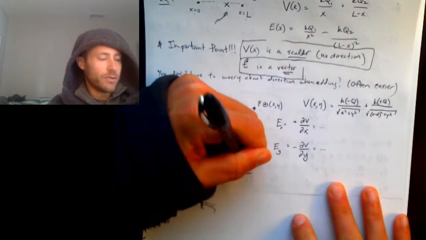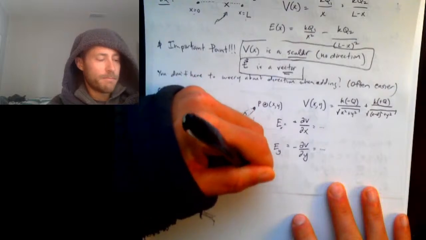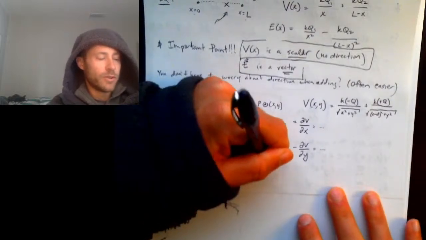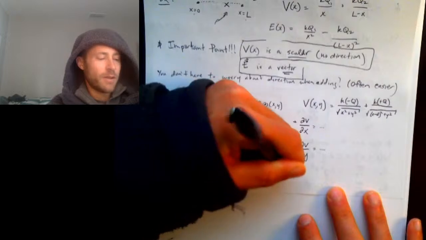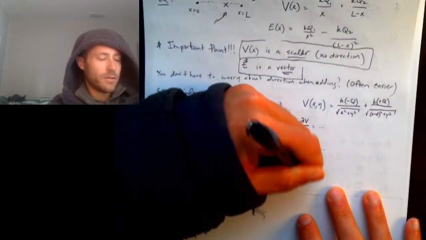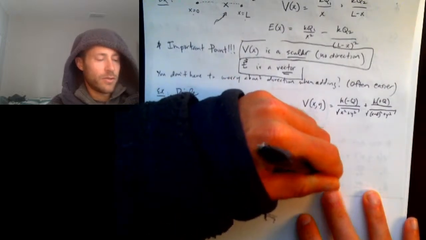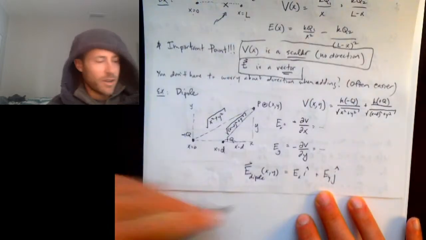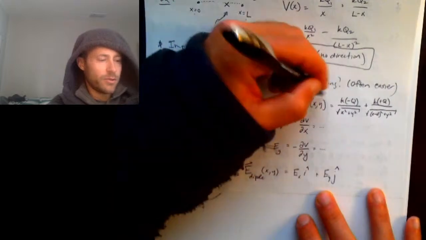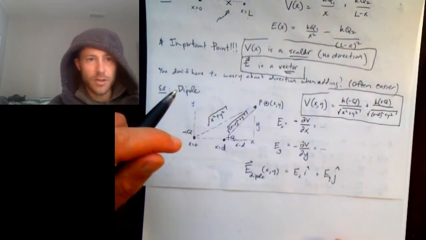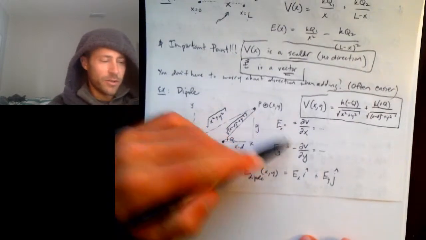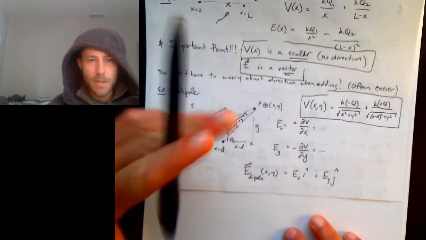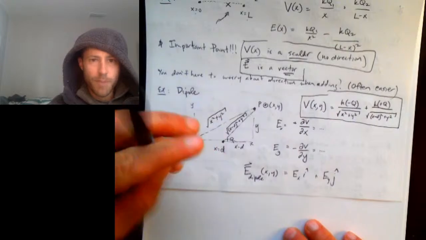And then we could get the total electric field due to the dipole, which is going to be a function of x and y. I'm not going to do that calculation. The thing I'm most interested in is this part, because we're talking about potential today, and I'm not requiring you to do partial derivatives. But that's how it works.